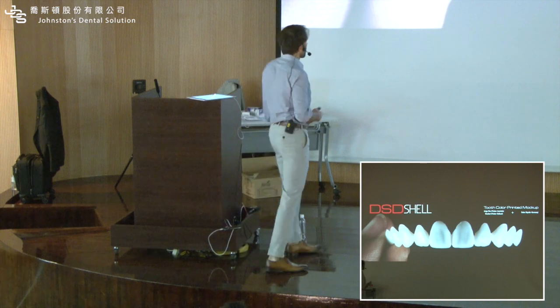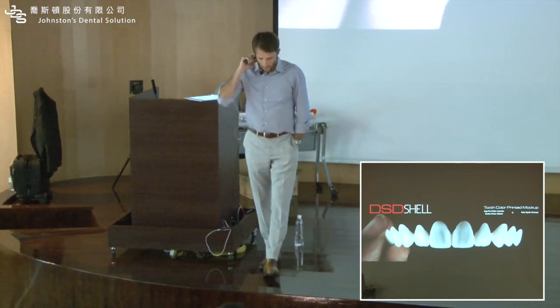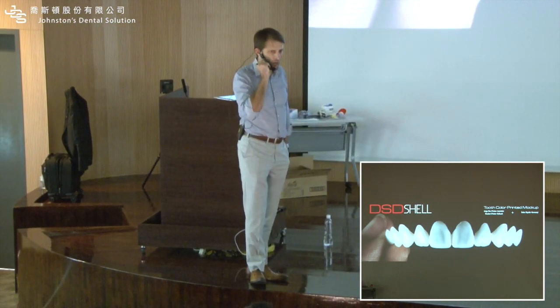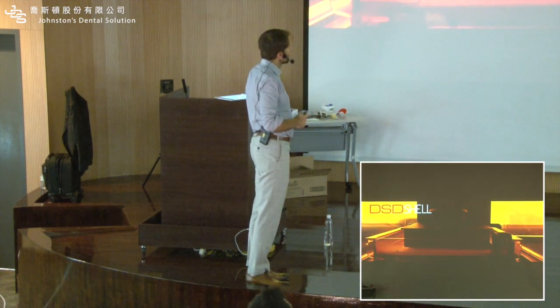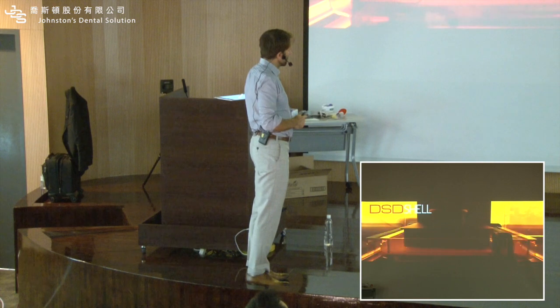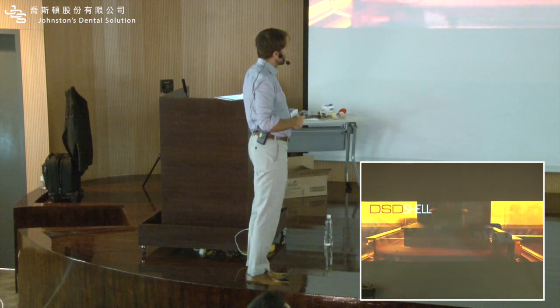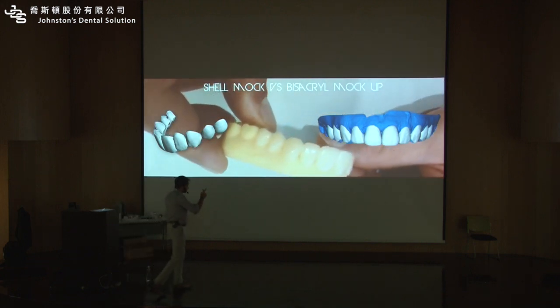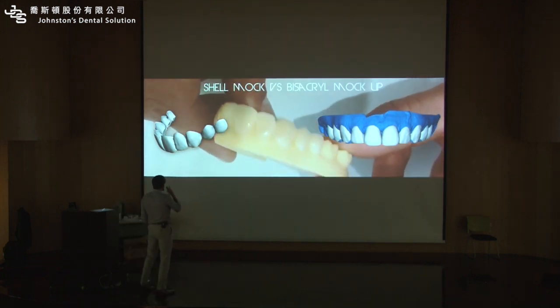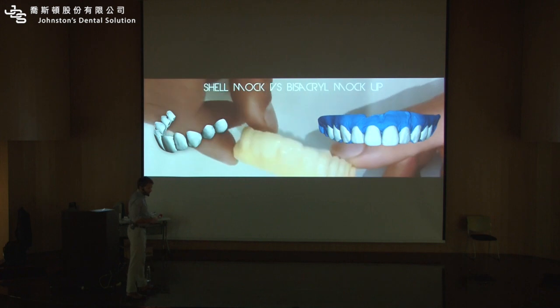Now, when it comes to the mock-up, today we have two ways of doing it. The mock-up is printed, but we can print the model, or we can print the shell.